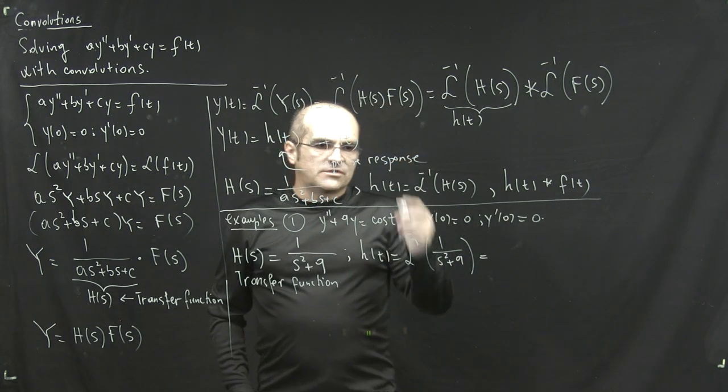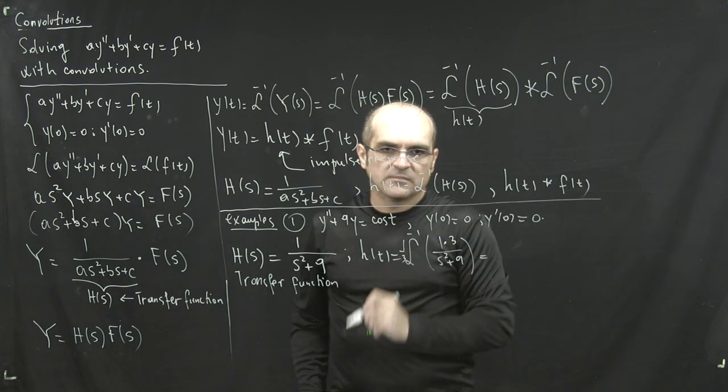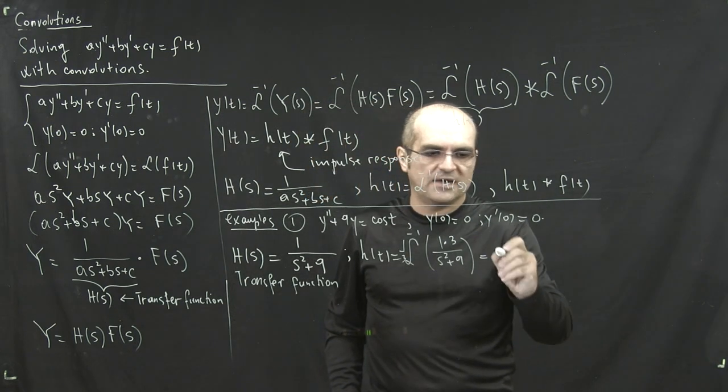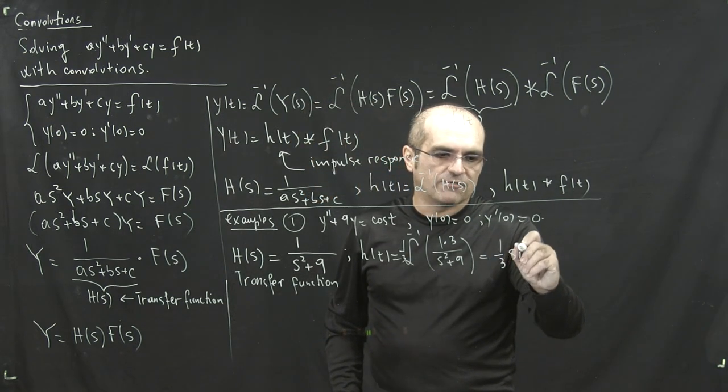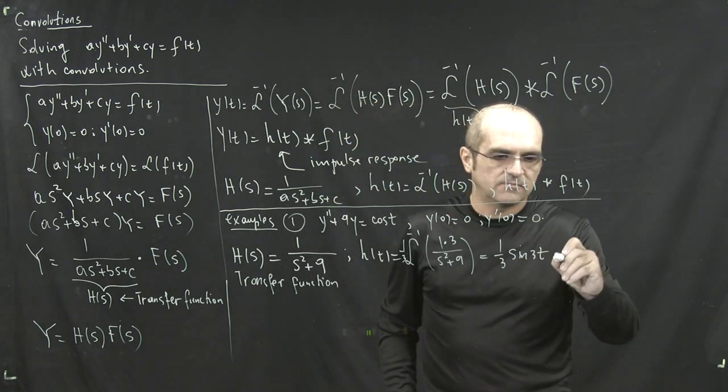Here that goes with the sine. Remember, you have to multiply by 3 so that you can fit it with the table. 3 over s squared plus 9, that's going to be 1/3 sine of 3t. And that's the impulse response.